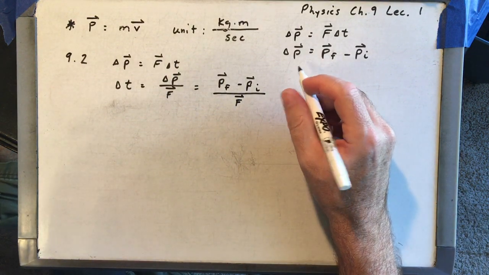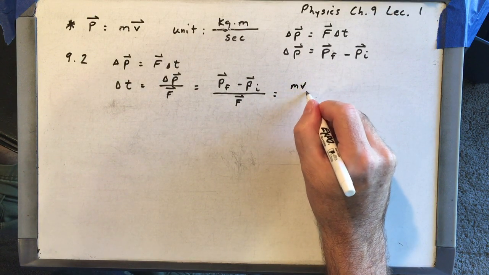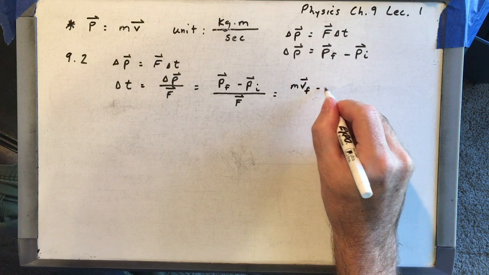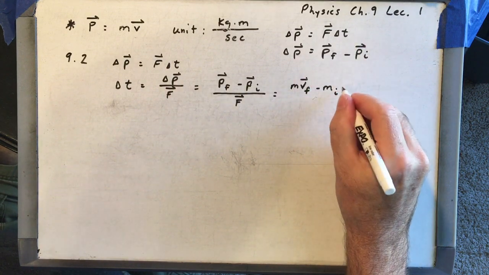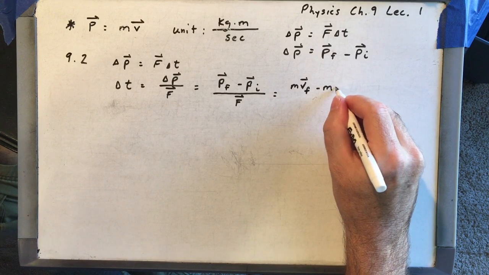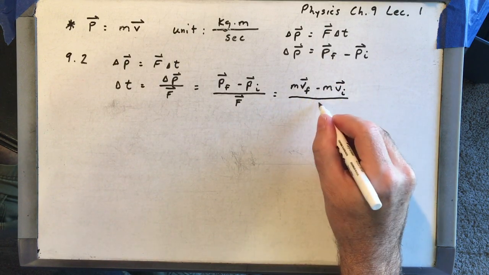And so that's going to be the mass times the final velocity minus mass times the initial velocity, over the force.